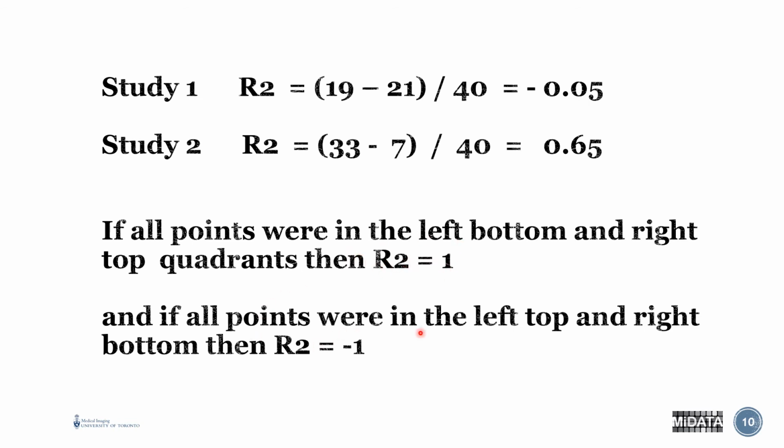And if all points were in the top left and right bottom, then R2 would be equal to negative 1. So this is starting to look, I'm sure, very familiar to you. And we're going to now just polish it off in the next.